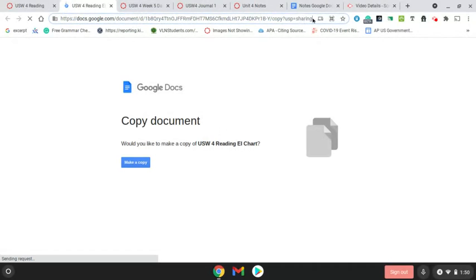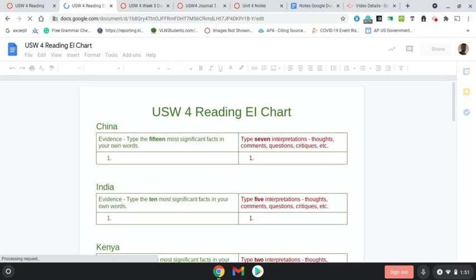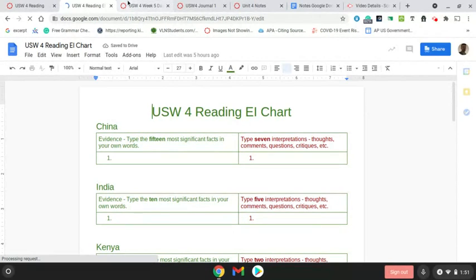So just make sure that it opens up one for you. There it is. Just go ahead and open up the chart, and you can see it's broken up into parts.